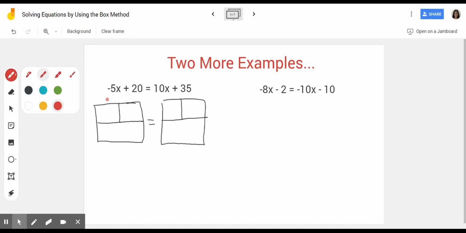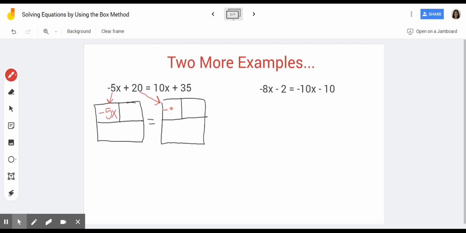Remember, variables go on the left, constants go on the right. Negative 5x has a variable. The variable is x. I'm going to drop it down. 20 is a constant. It's just a number by itself. So that's going to cross over, and you have to remember when you cross over, you have to switch the sign. So that positive 20 becomes negative 20.